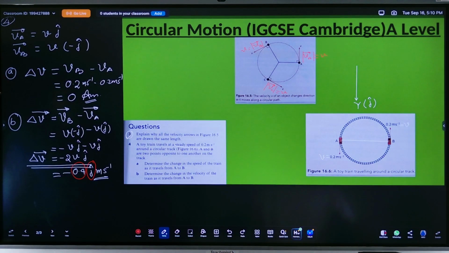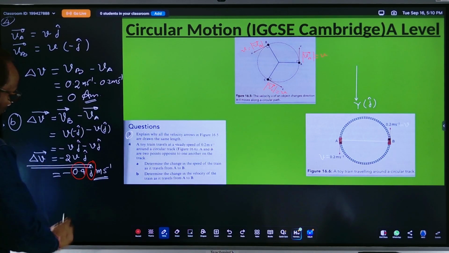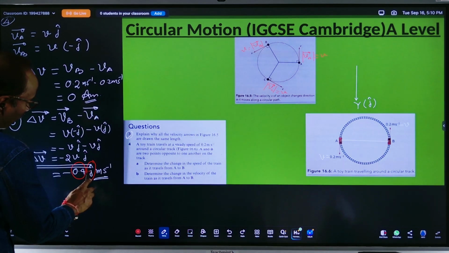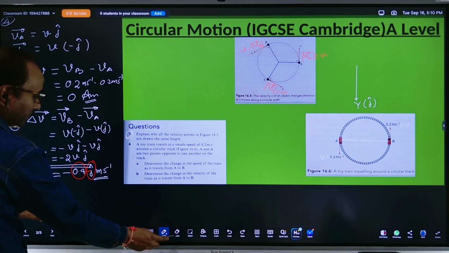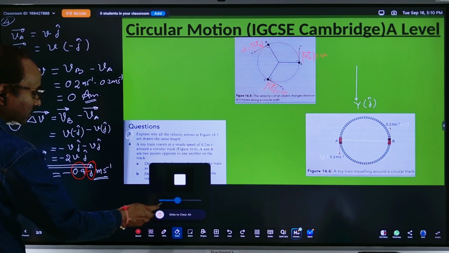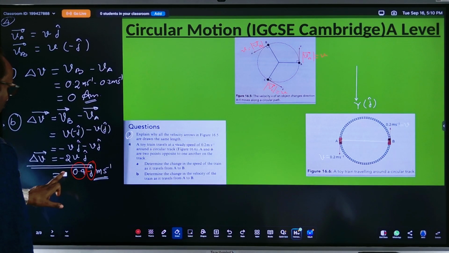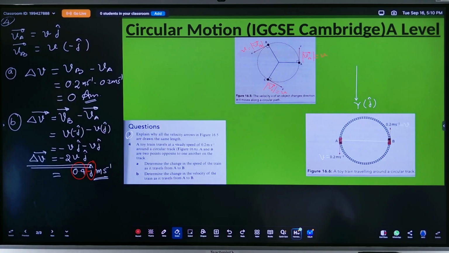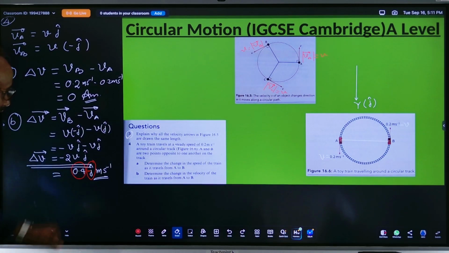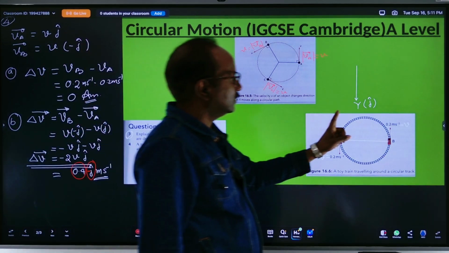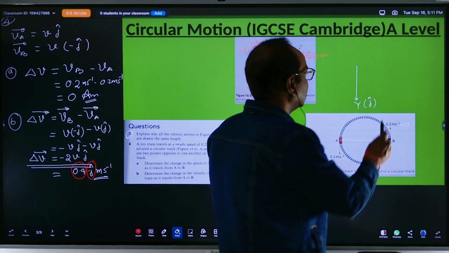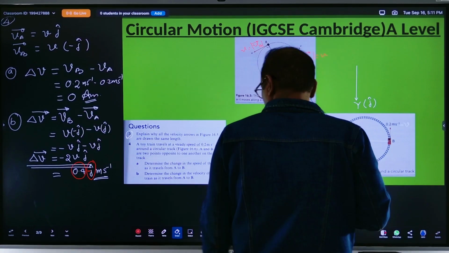Magnitude is always positive, so it means the minus sign goes with j. So j you can shift over here. Minus j cap is towards the negative of the y-axis, means in this direction.